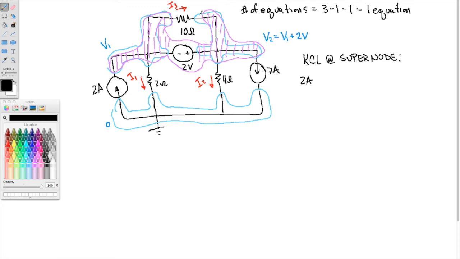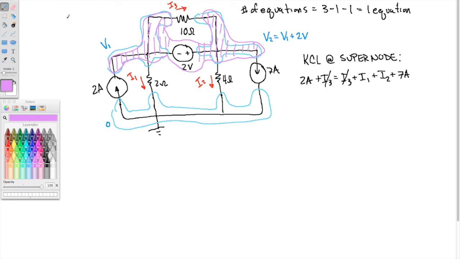We have I3 entering the purple. But we also have I3 leaving the purple. And we have I1 leaving the purple, and I2 leaving the purple, and the 7 amp source leaving the purple. So what do you notice about I3? It drops out, and it does not affect our equation, and it doesn't affect the circuit results.